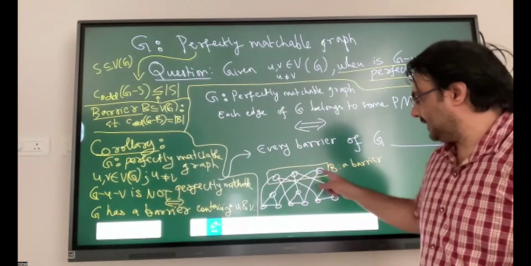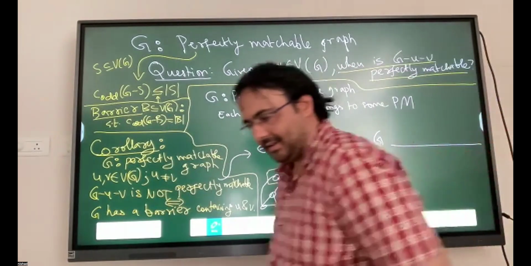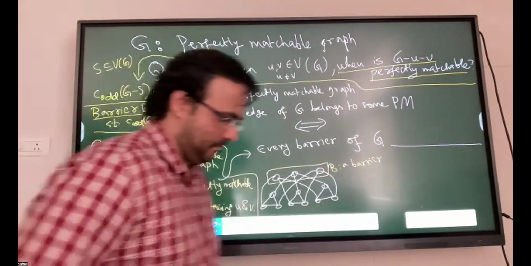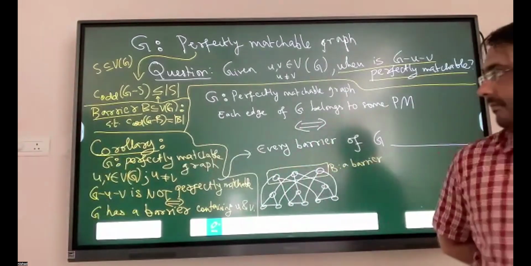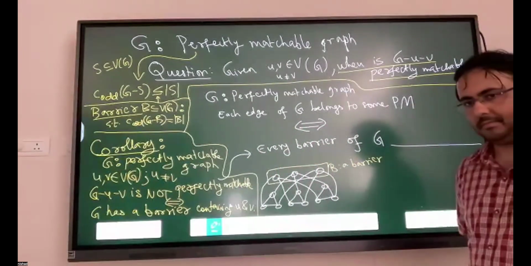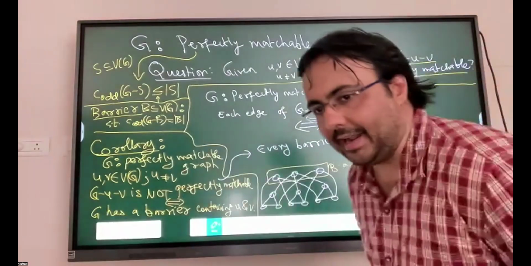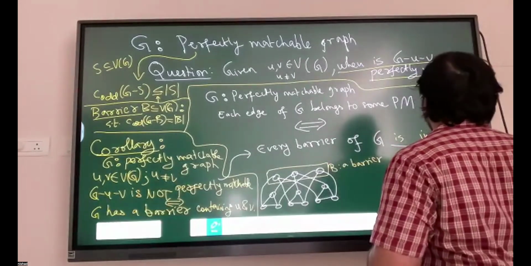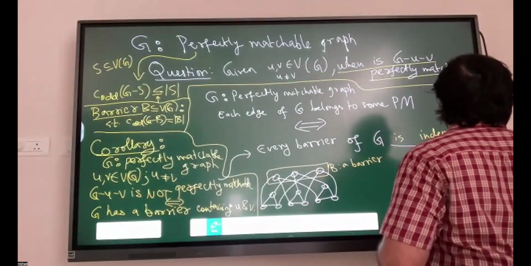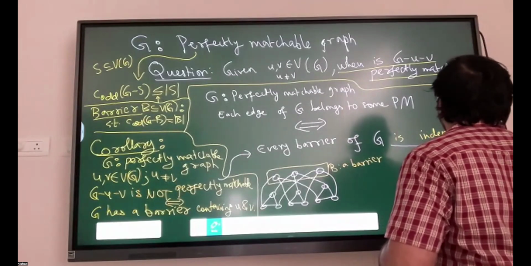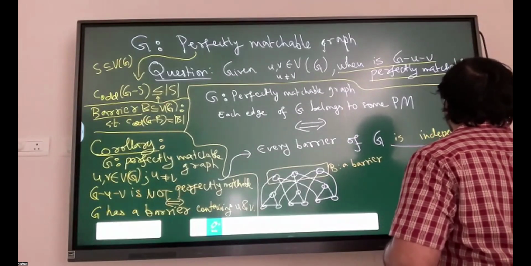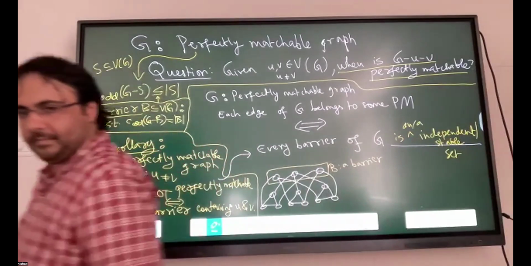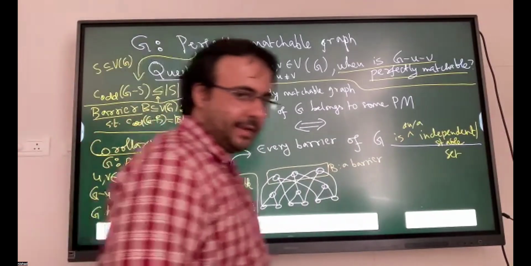You can see some property of this set. Every barrier is an independent set. Exactly. Every barrier of G is an independent set. People in CS call it an independent set. People in maths call it a stable set. Every barrier is a stable set.